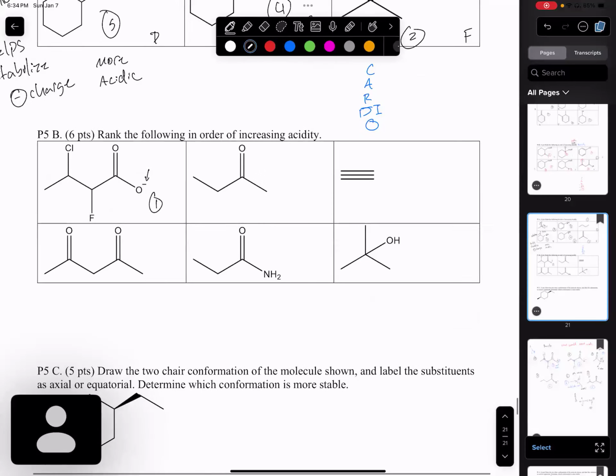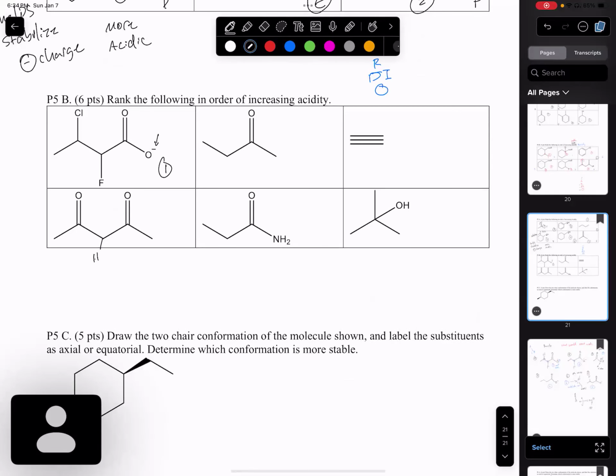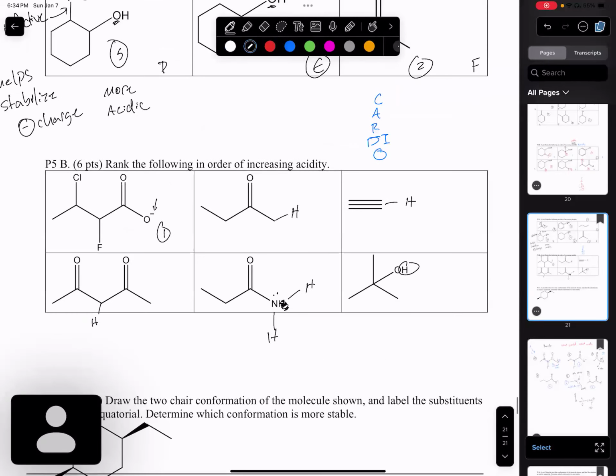We're comparing this hydrogen, to be specific. They don't do a good job of labeling the hydrogens, but we're comparing this hydrogen, and here we're comparing this hydrogen. Would it be E? No, C is most acidic.